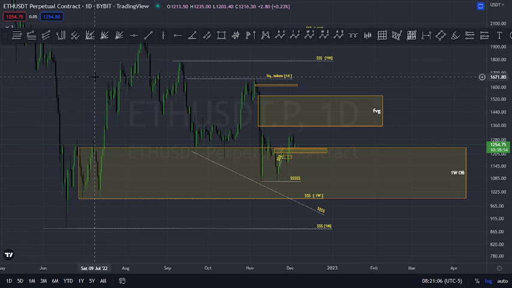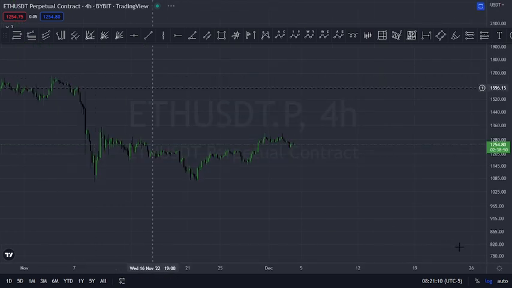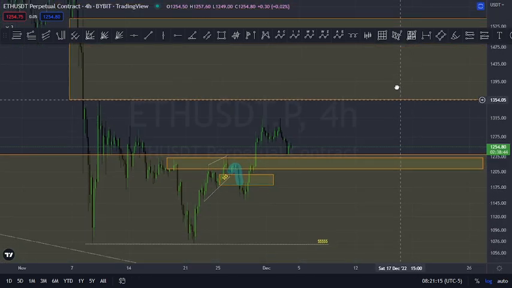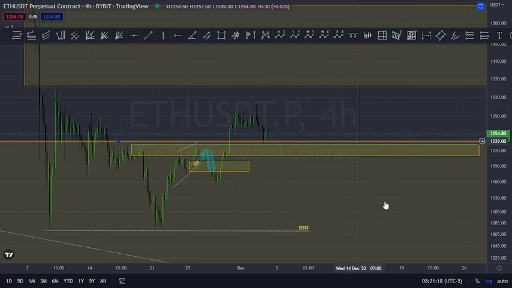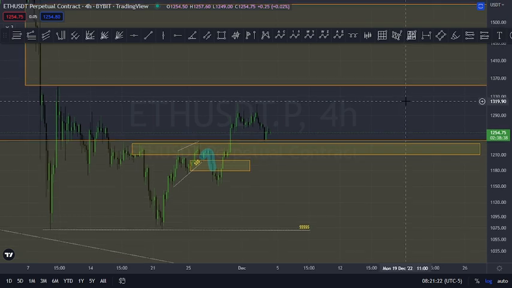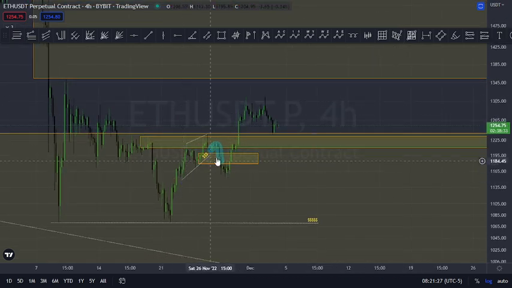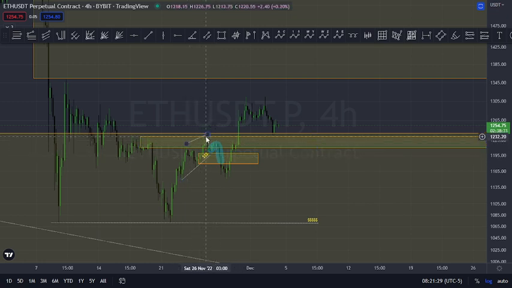Okay, so let's go to the 4 hour. So we are at the price level of 1254. On my previous video I drew these trend lines, which are retail trend lines, which means liquidity is lying here.